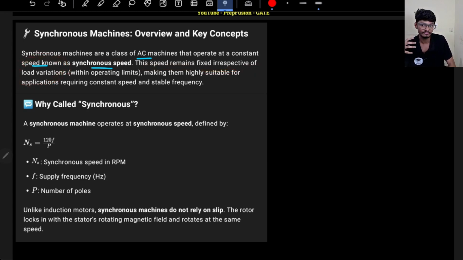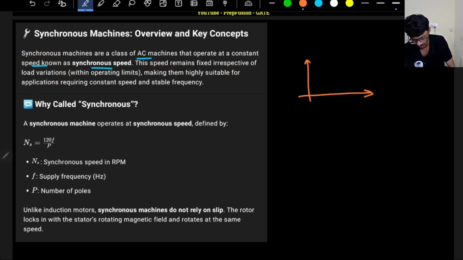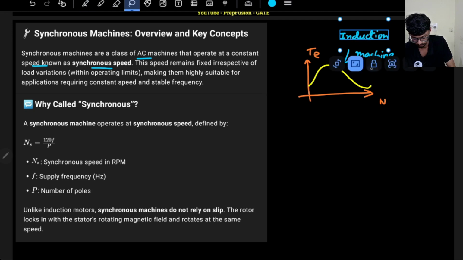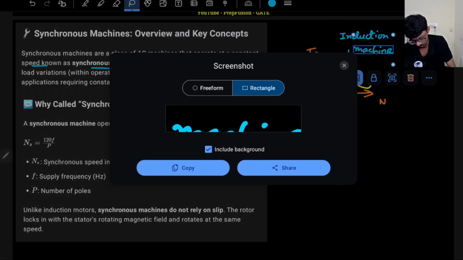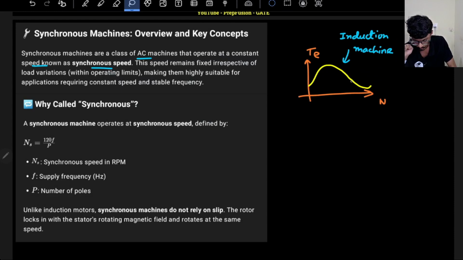Previously, if you remember, my speed torque graph was something like this. This was the electromagnetic developed torque, and this was the speed. This was the graph for an induction machine.